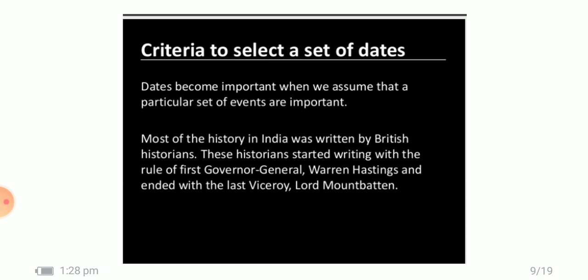They also mention the activities, the policies, the achievements, and the personalities of each and every Governor General in this Indian history written by British historians. So this is how we can select the set of dates. Likewise, history can be studied.